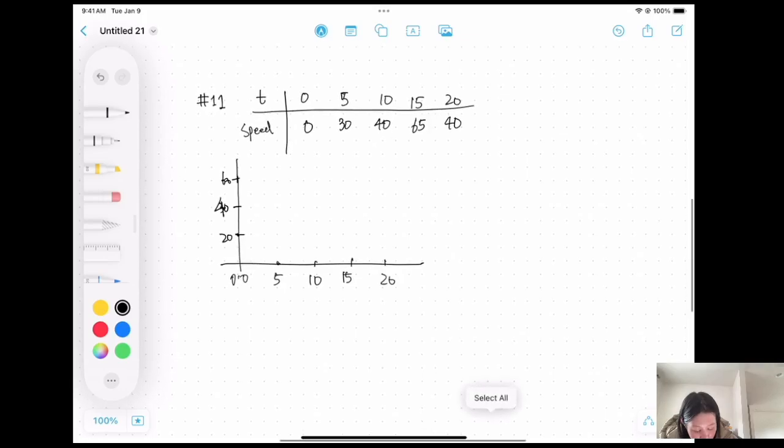At 5 my traveling time is here, starting from 0 to here, and then the next one is going to be 10 and then 40, it will be here, and 15 to 65, this part, and then 20 to 40 will be here. So this is what the travel graph looks like.